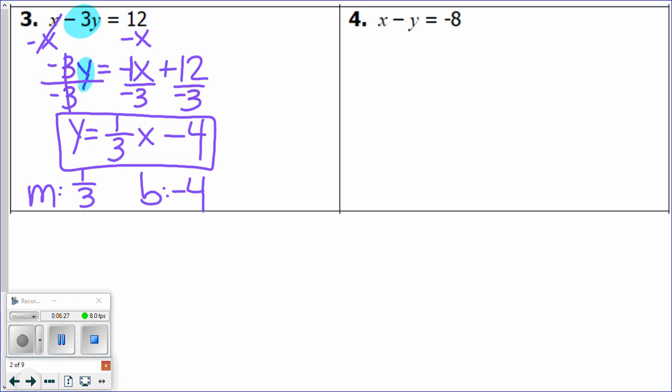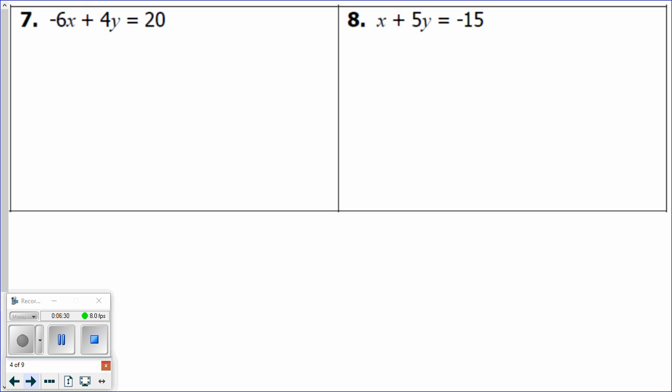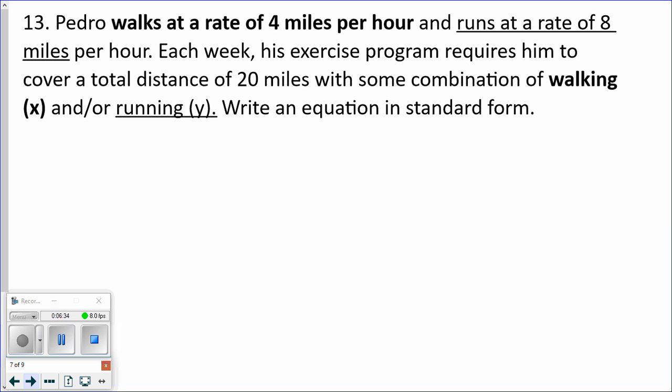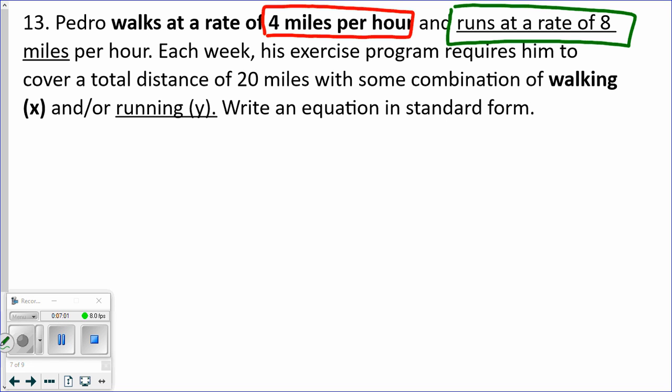Okay, you're going to continue this worksheet, questions 4 through 12. And I'm going to help you right now with this story problem, question 13. Pedro walks at a rate of 4 miles per hour, and he runs at a rate of 8 miles per hour.